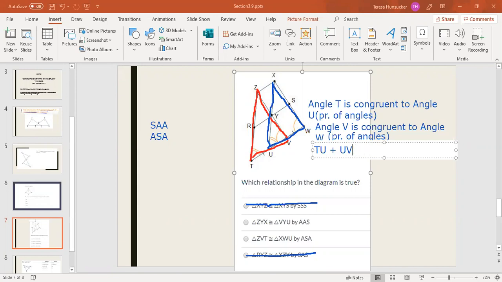So we can say TU plus UV is equal to itself, is equal to WV plus UV. Now take a look at that. You can subtract UV from both sides, right? And when you do that, you're left with TU equals WV.